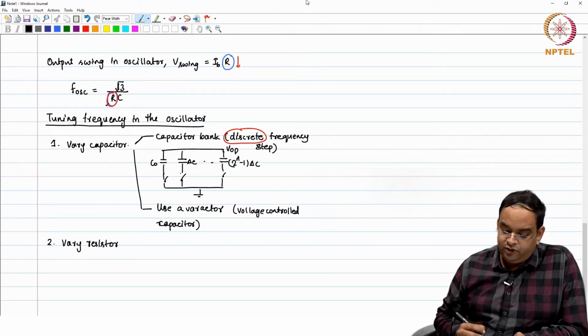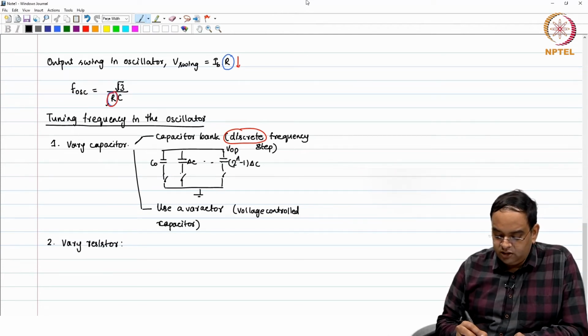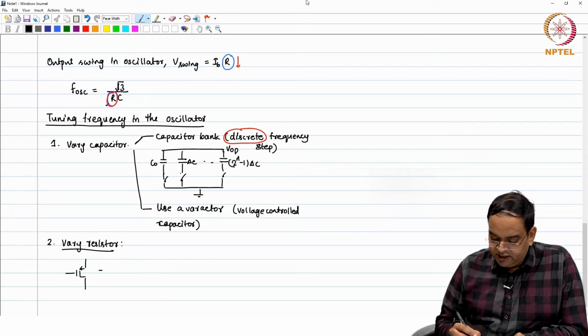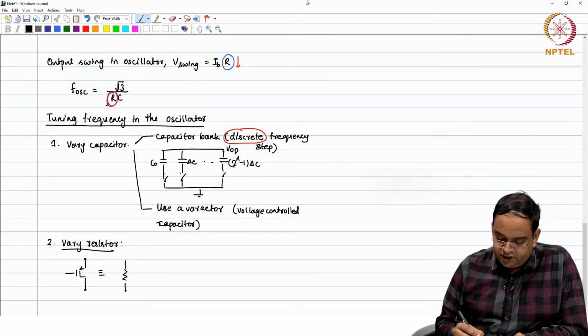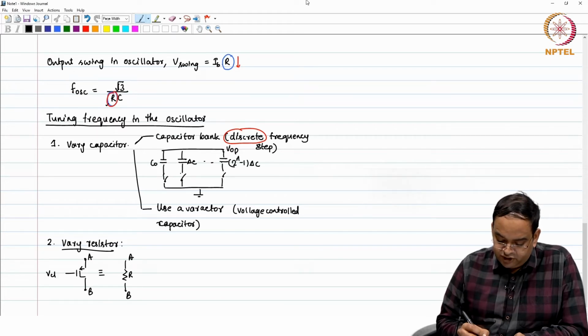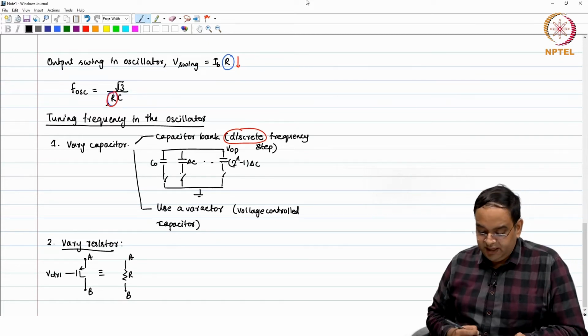So, what I would like to do is use a voltage controlled resistor, and a MOSFET is a perfect voltage controlled resistor, which we have seen. Given a MOSFET, it can actually mimic a resistor between the two nodes depending on the voltages. So, let us say this is A and B, this is the resistor which you want to mimic. I will use a control voltage to get the desired value.